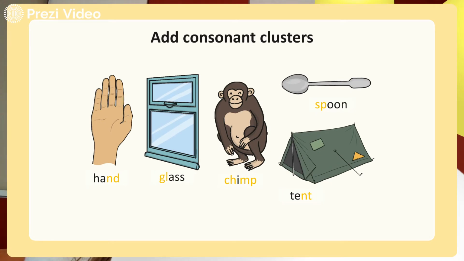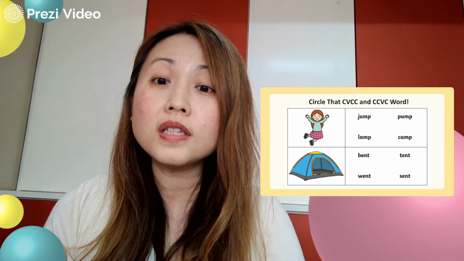So they would add either the end consonant or the beginning consonant. So these are great activities for your child to recall the phonemes that they have learned in phases 2 and 3. So if you remember in phase 2 and 3, we have done a lot of CVC words.